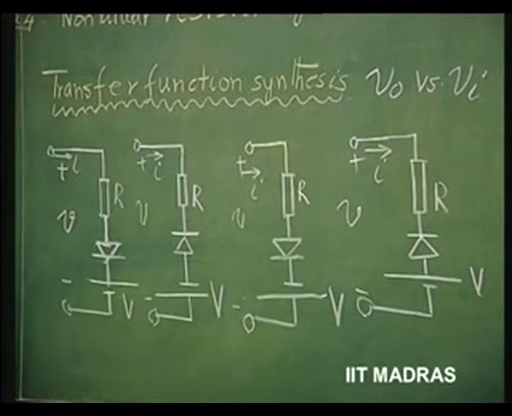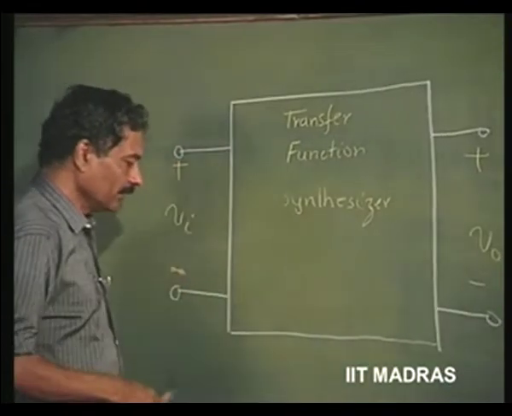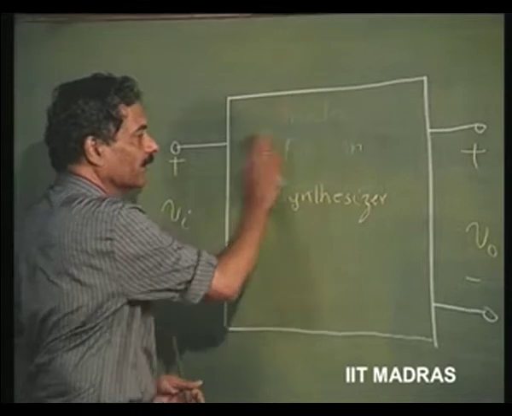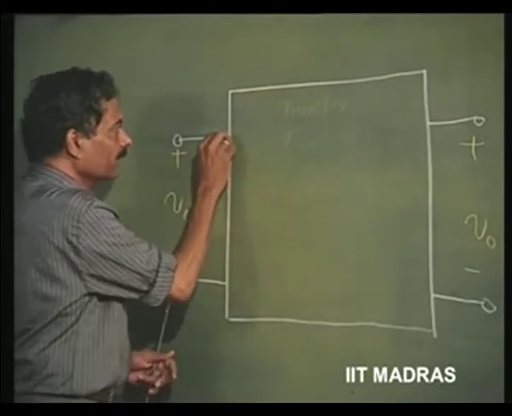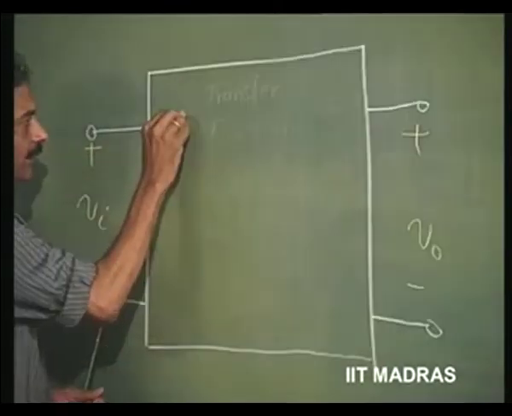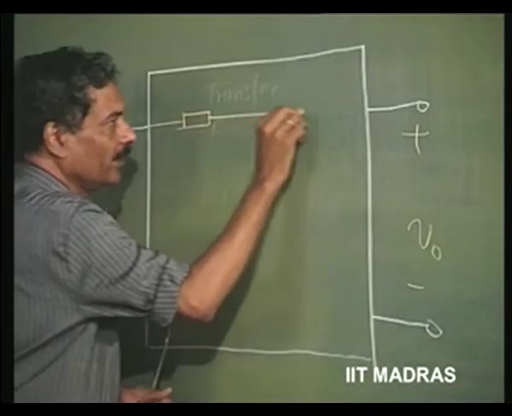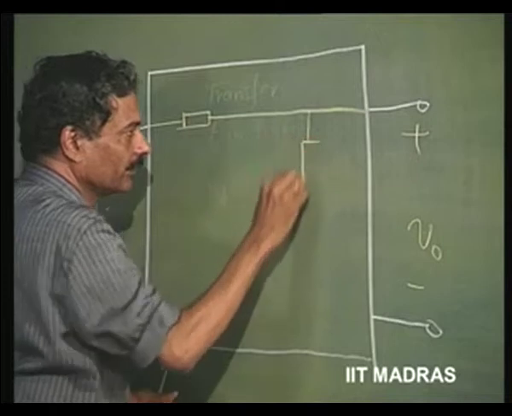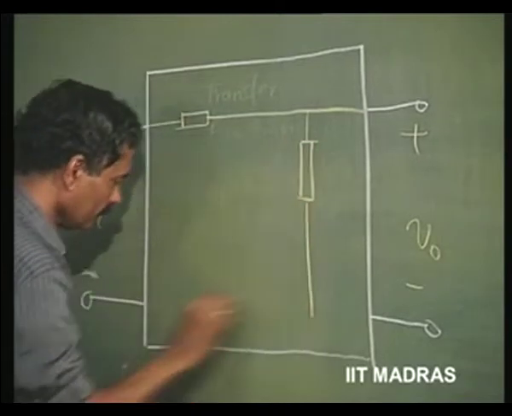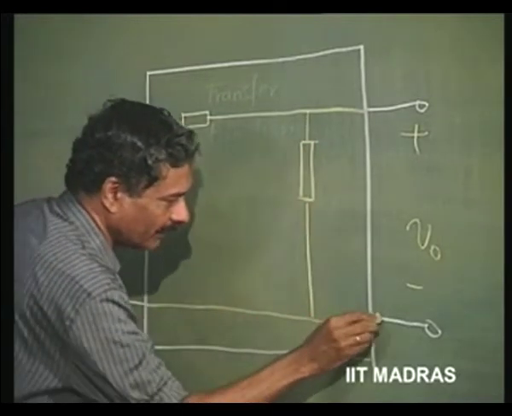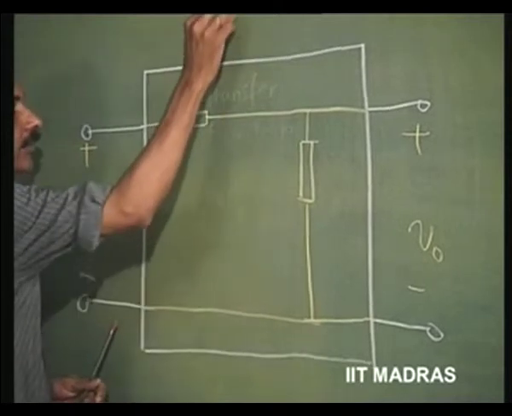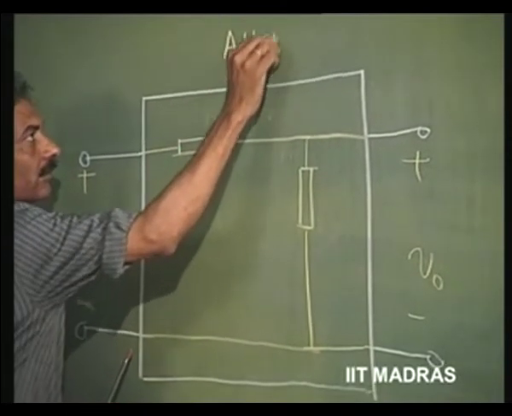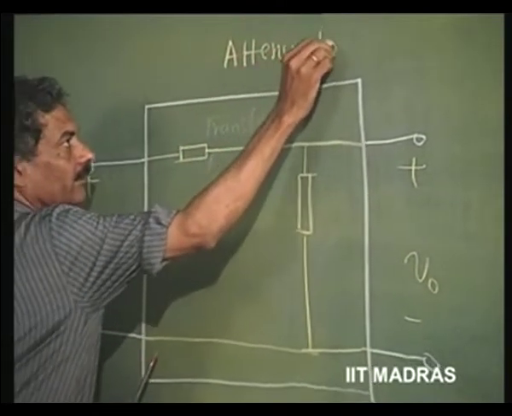Now, let us see how this can be used in a general transfer function synthesizer. Before we bring in resistors and diodes, let me just connect only two resistors here and make a very simple transfer function synthesizer, which is popularly called a resistive attenuator.